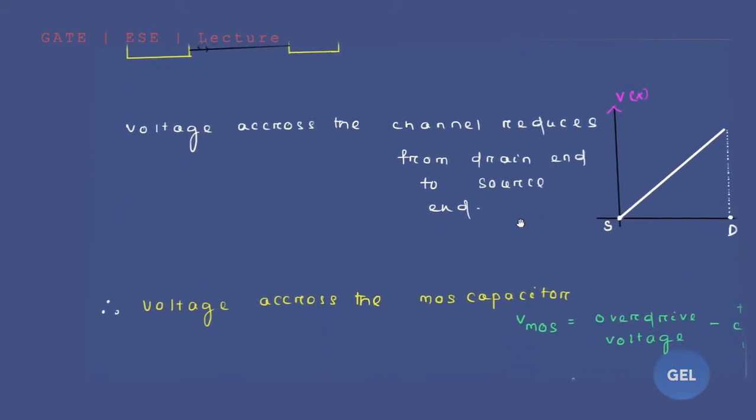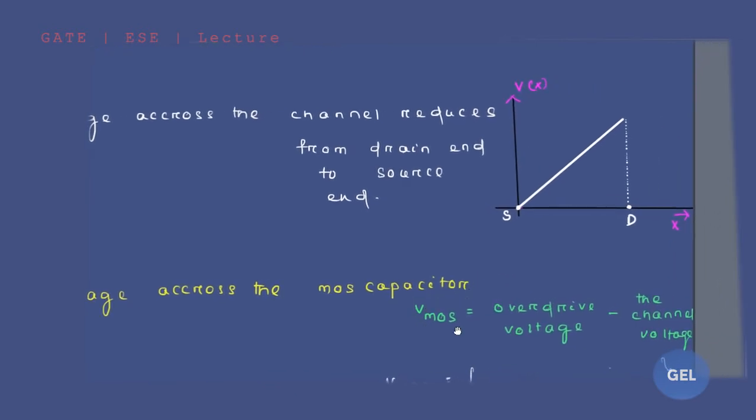So that is why voltage across the MOS capacitor is given as VMOS equals the total overdrive voltage minus the channel voltage. So what is your channel voltage? This is the channel length and this is the channel voltage. So channel voltage is Vx and overdrive voltage is VGS minus VT.